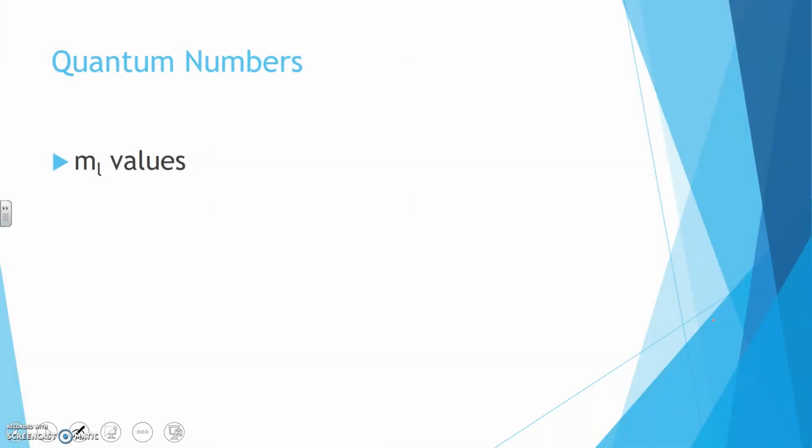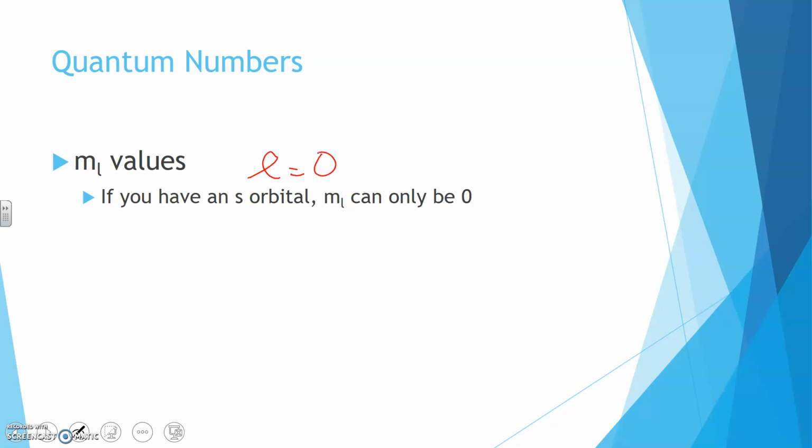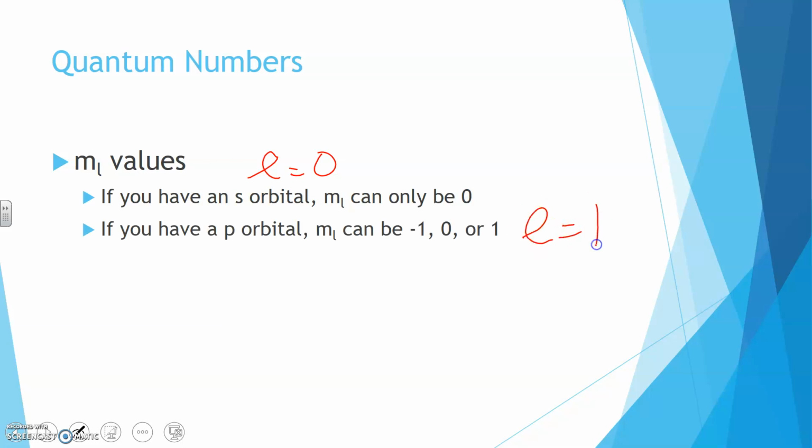So your m sub L values. If you have an s orbital, so an L of 0, I'll write that on there, your m sub L can only be 0. Now, if you have a p orbital, so it means your L is 1, you can have from negative 1 to positive 1, or negative L to positive L. Can be a negative 1, a 0, or a 1.